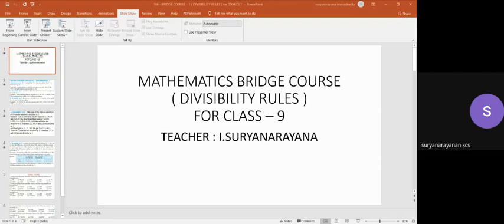This is the divisibility rule by 10. Just by concentrating on the units place: if there is a 0 in the given number in the ones place, then the number is divisible by 10. Okay, my children.